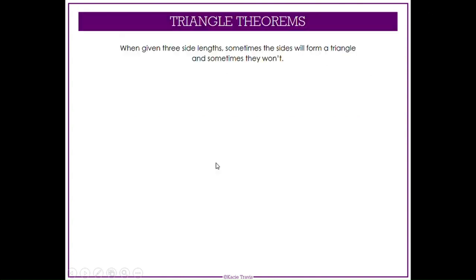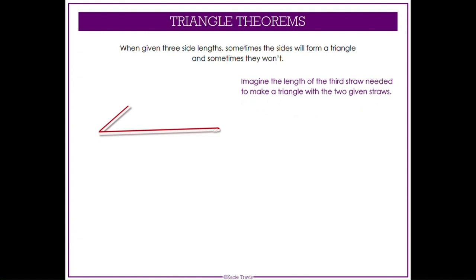All right, so triangle theorems. First off, when given three side lengths, sometimes the side lengths will form a triangle, sometimes they won't. It may look like one, but we have to verify that using our first theorem. So we have this angle here. I want you to imagine that we need two other sides that we're going to make up with straws.